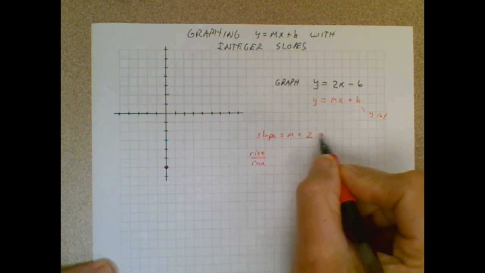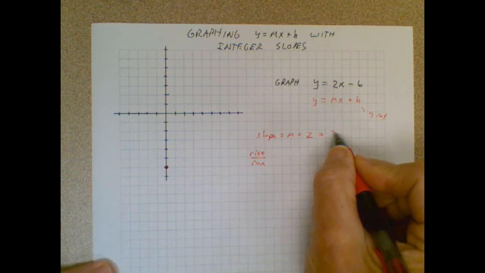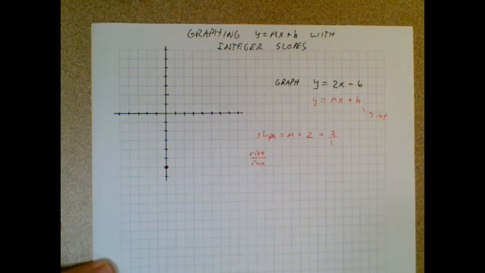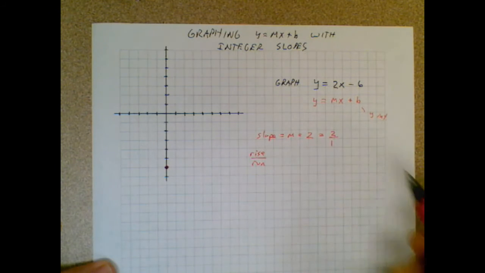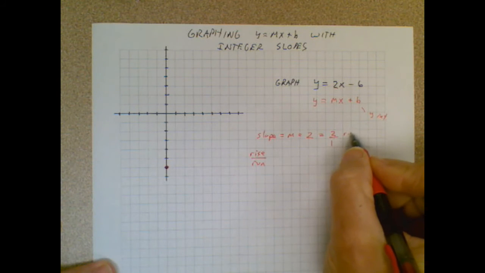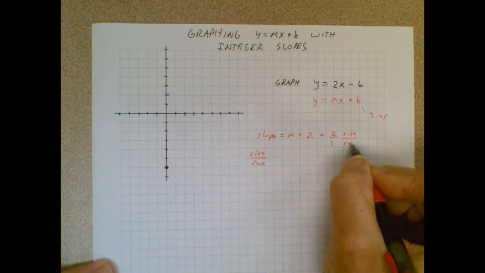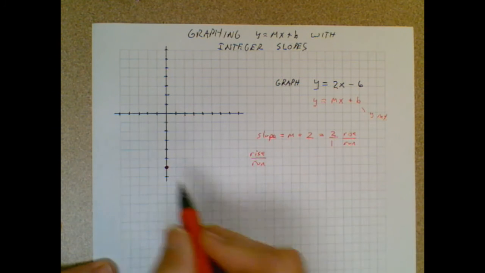But realize this, the 2 can be thought of as a fraction of 2 over 1. 2 over 1 is the same as 2. So I now know that my rise is 2 and my run is 1.